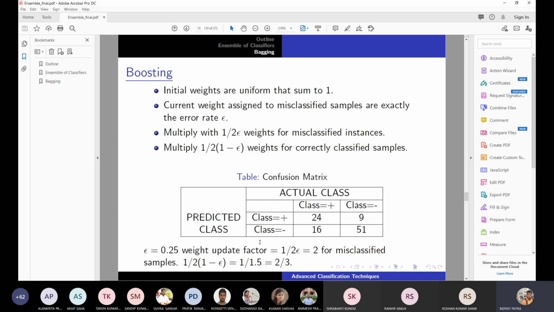Now what will be the update factor? The update factor for a misclassified sample will be 1 by 2 epsilon. So 1 by 2, the epsilon value is 0.25, so then this will be 2 for the misclassified sample.